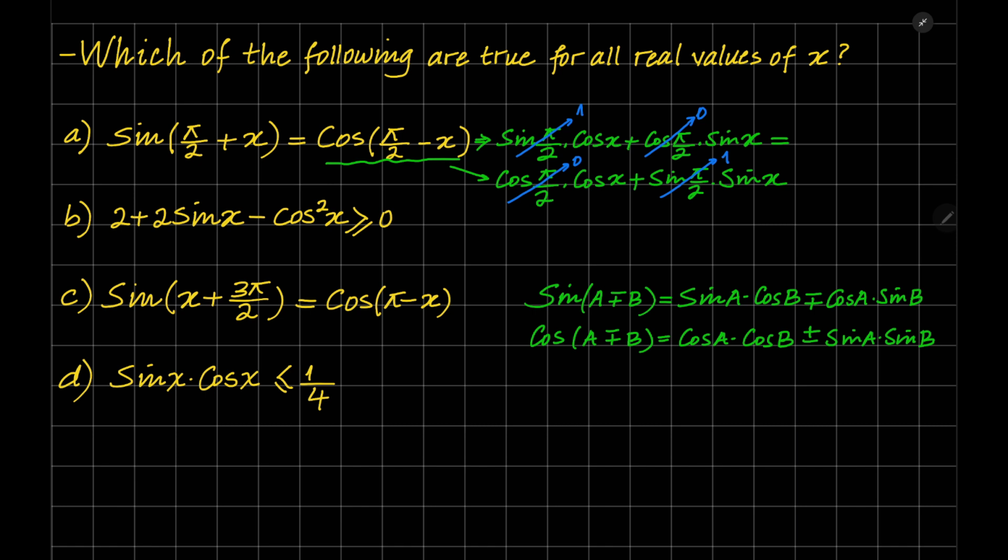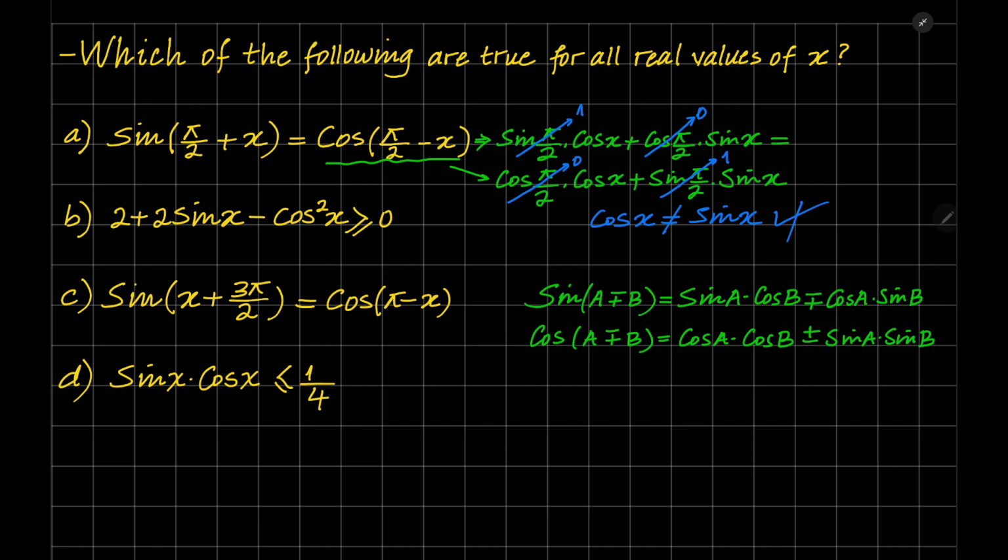Then the remainings are, for the left hand side, cosine x is equal to sine x. This is not correct. Cosine x cannot be equal to sine x.